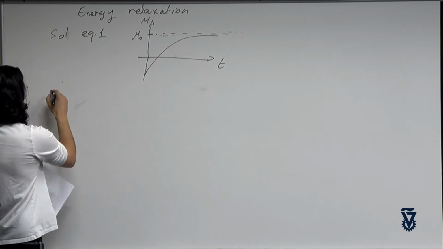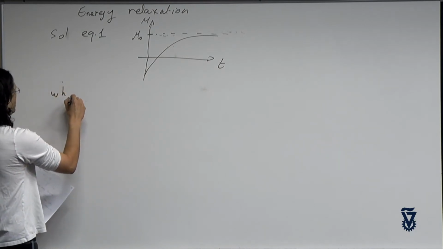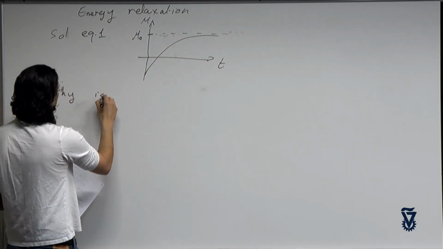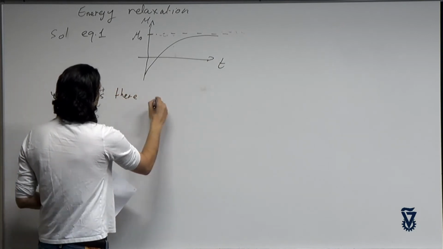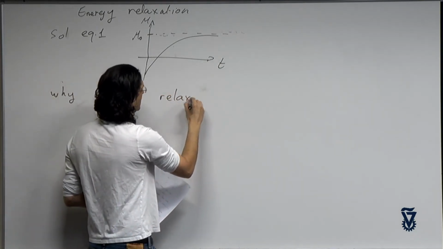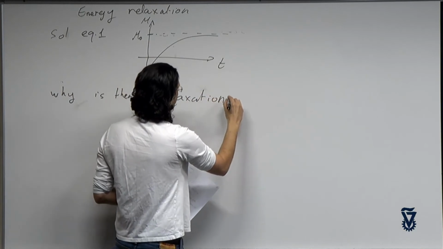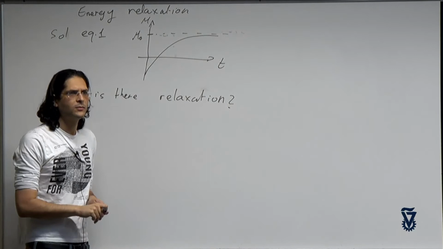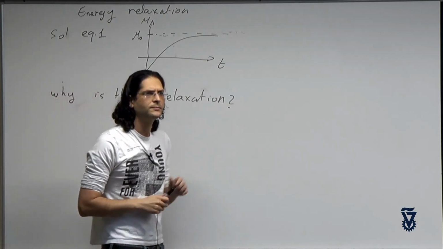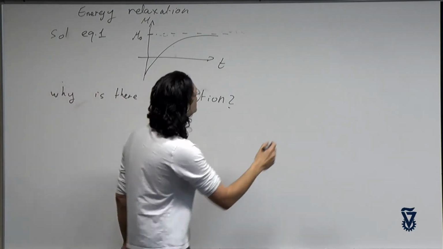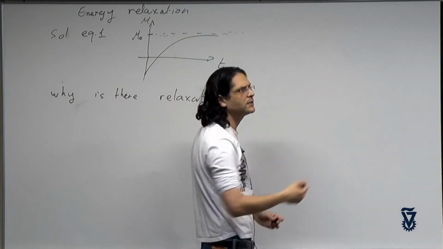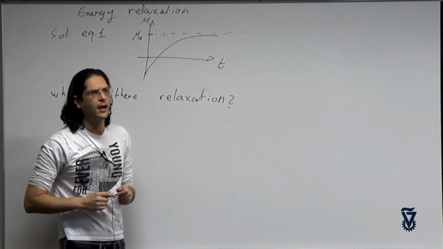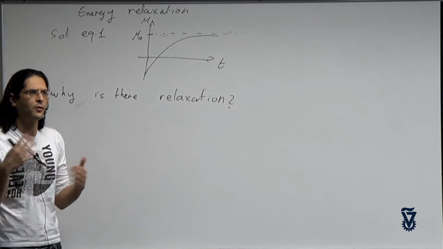And the question is, why is there energy relaxation? Anyone? Why do we even have energy relaxation? Why does the nuclear spin, why does the magnetization go from one state to the other? Why does it decay? Why does the qubit want to go from 1 to 0?